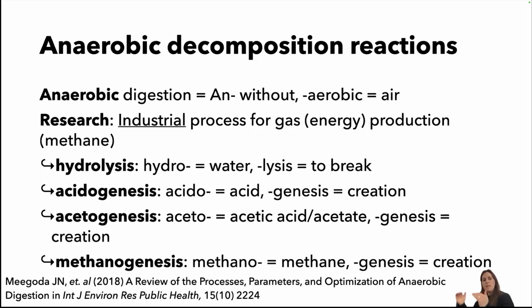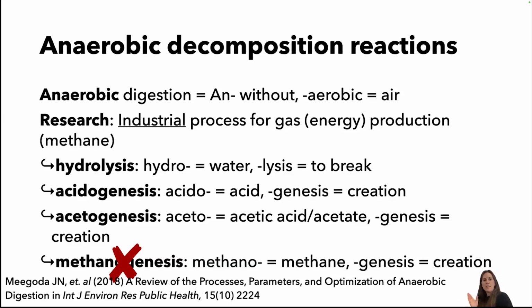Each one of these processes occurs because of a specialized subset of microbes. Once again, emphasis on the fact that this is the industrial process. In our home composting, we don't want to go all the way down to that last tidbit because we don't want to be generating methane within our home, which is really cool because we can stop it.